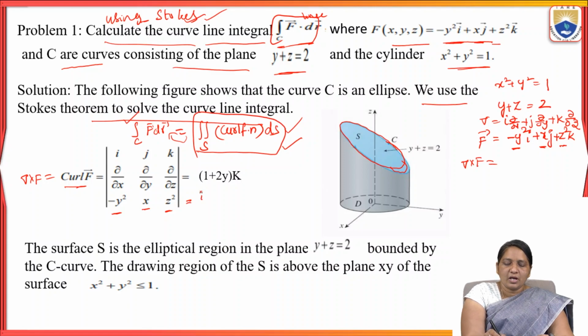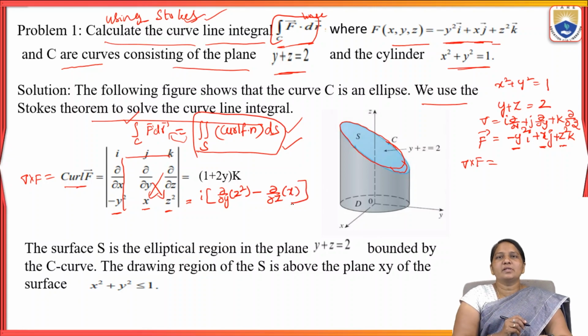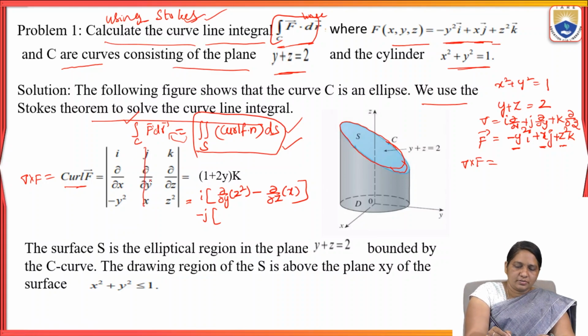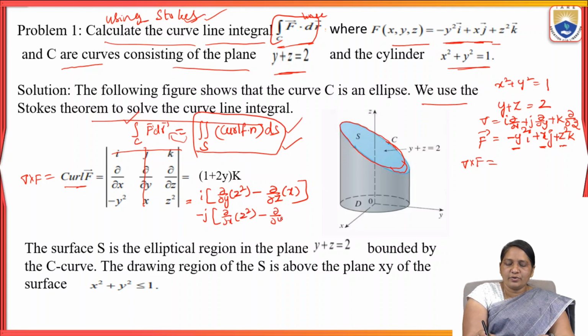Now we are going to calculate the cross product here. So for i, we have to do the cross product for these values. That is del by del y of z squared minus del by del z of x. This is the first term. Next, minus j into, when you are doing for j, we take these two: del by del x of z squared minus del by del z of minus y squared.